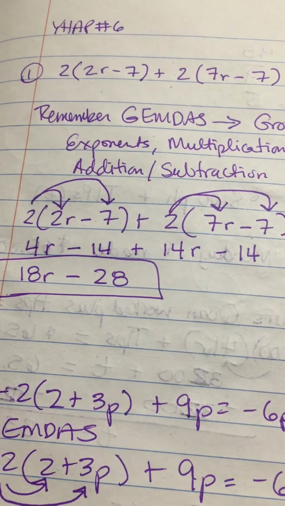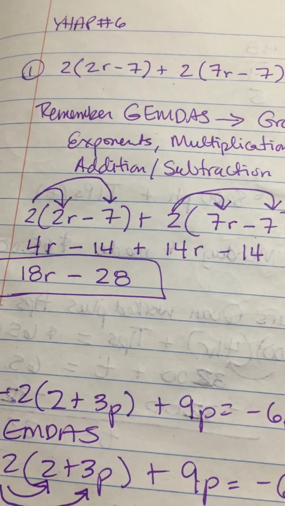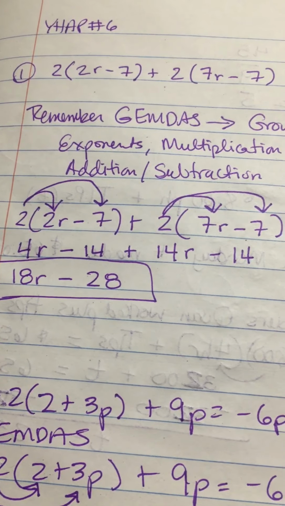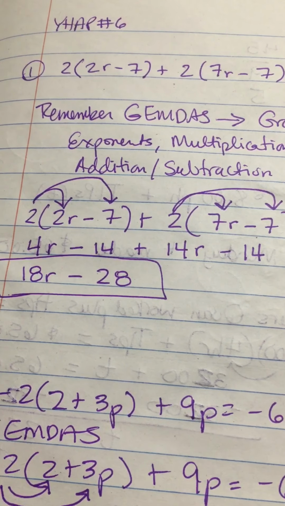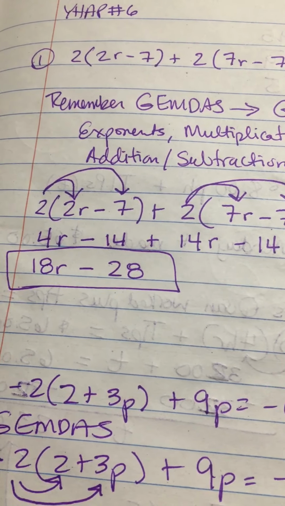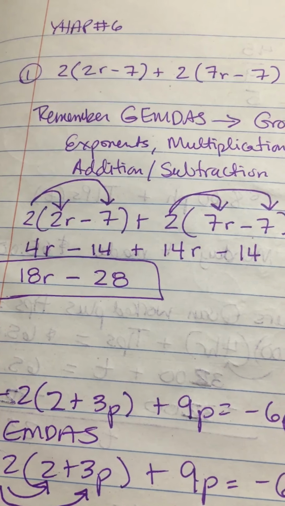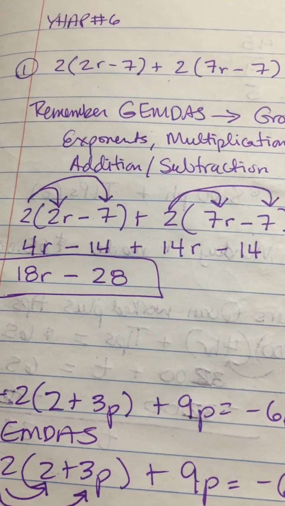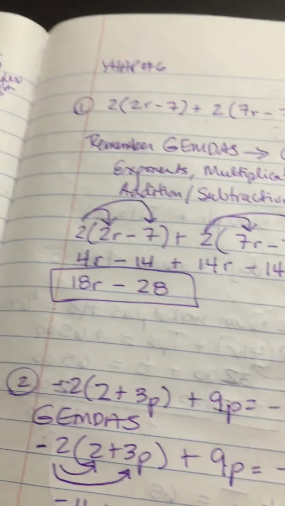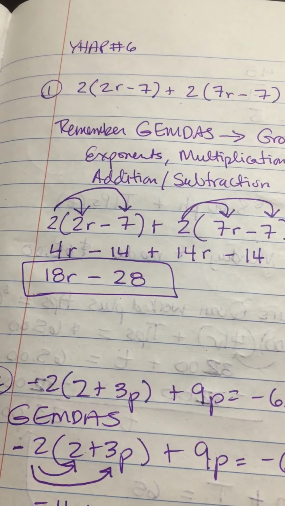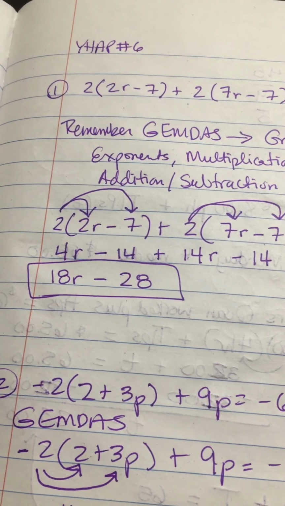You're going to add them together, and your answer would be negative 28. So when I put everything together, my answer would be 18r minus 28 or 18r plus a negative 28, depending on how you write your answer. That's how you do problem number 1.